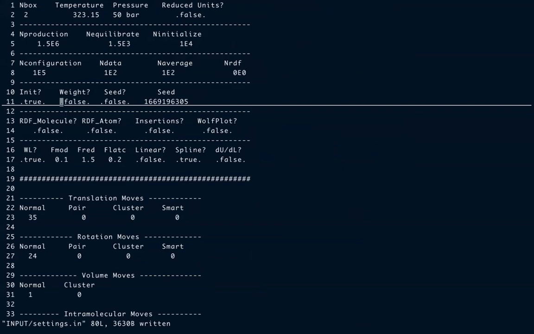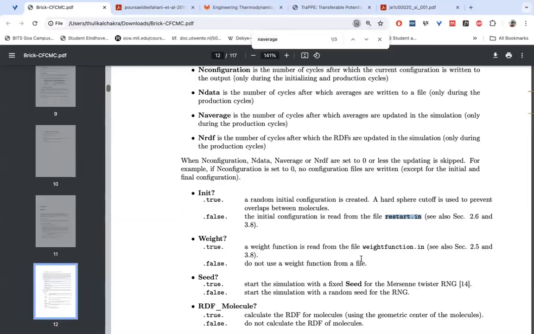If you have to build a weight function, then you say true, but if you supply the weight function, you need the weight function.in for the simulation. And this can be done by feeding in the weight function that you ran from a previous simulation as the starting point. Be warned that sometimes building an accurate weight function can take quite a bit of time. So it always saves you some time if you start with the weight function that's already available.